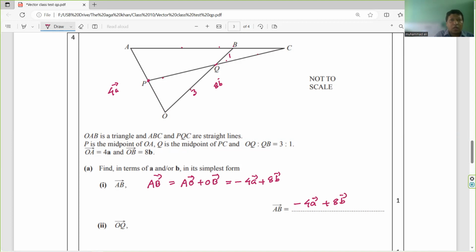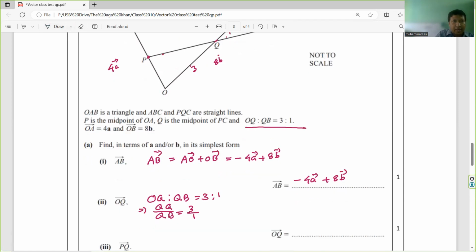And the second one, OQ. So OQ, they gave us the ratio, OQ ratio QB equals 3:1. So we can write here OQ by QB equals 3/1.